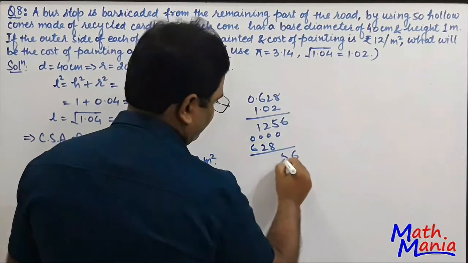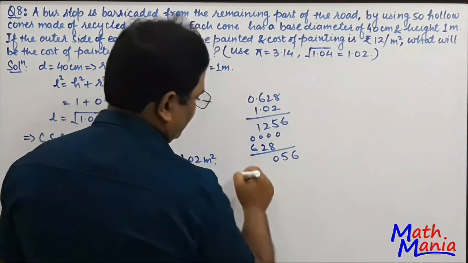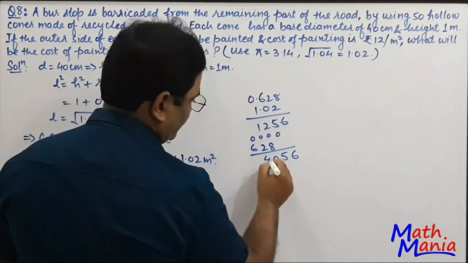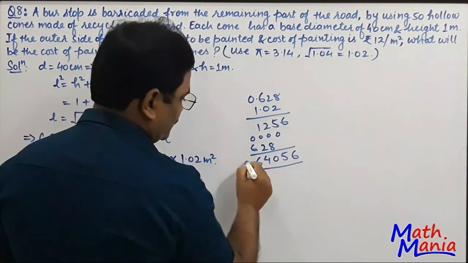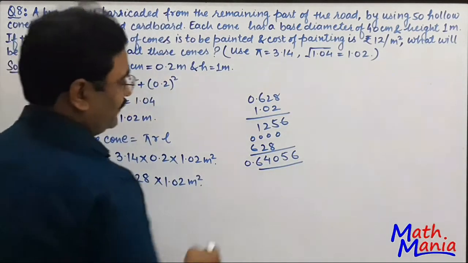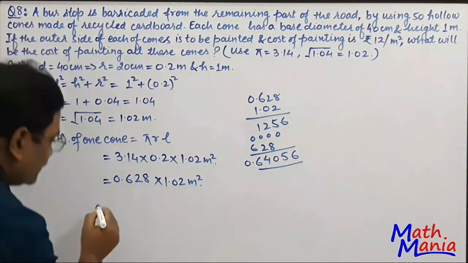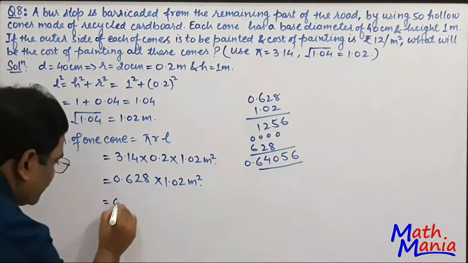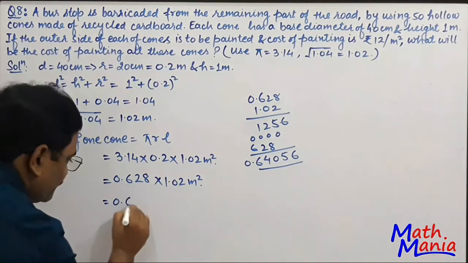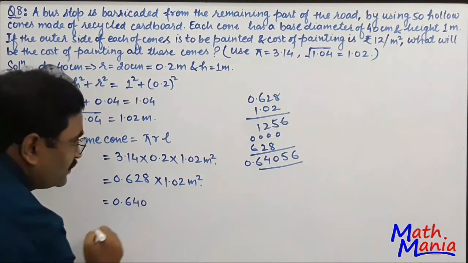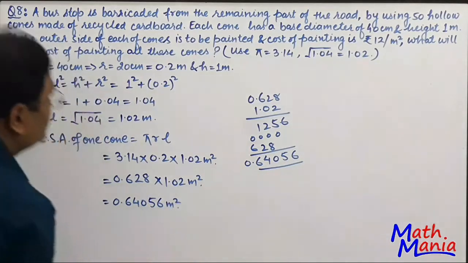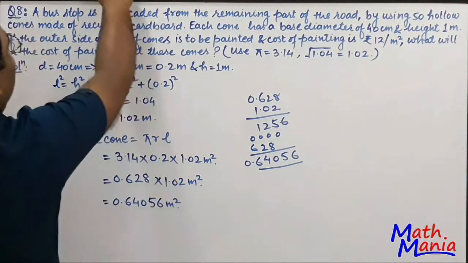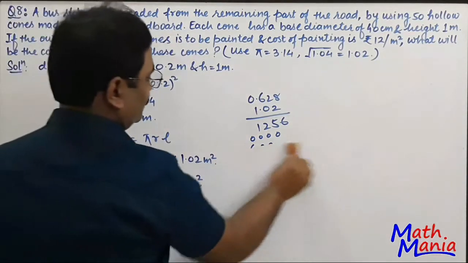So 6, 5, 10, 3, 1, 4, and so we got 0. After 5 digits the decimal will be, so 0.64056 meter square is the curved surface area of one cone.